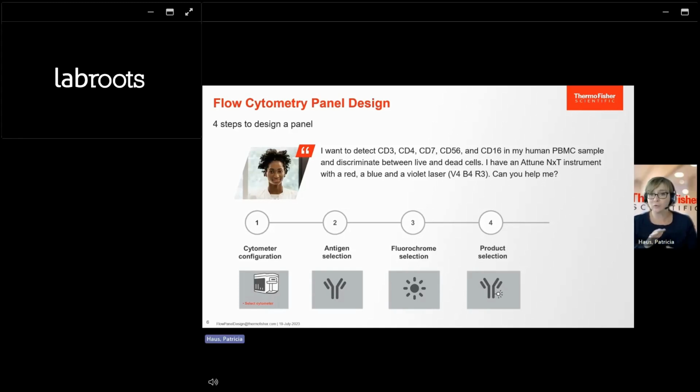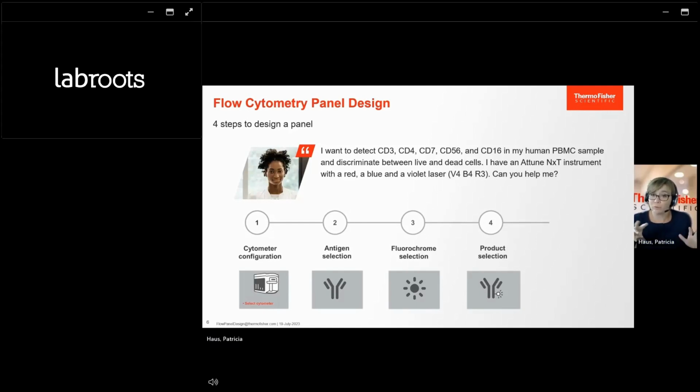But to do our job optimally, what we also would ask you is the why. So we would come back to this email and ask you, what is the aim of your experiment? Why do you want to detect those markers? After that, we would choose the optimal fluorophores in step 3. As an example, we would think about the expression levels and the brightness of the fluorochromes.